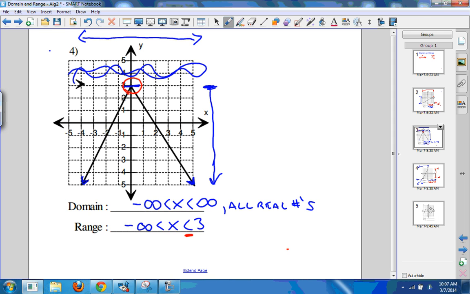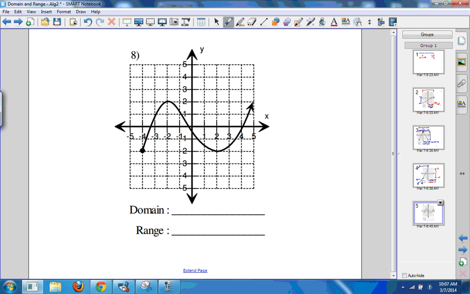Alright, last problem. So this is kind of a crazy looking graph. We start here, and we're going up, down, and then notice we have an arrowhead that way, which means it's just going to keep going on forever and forever that way, up and to the right. So my domain, if you want, you could pause it here, try it on your own, see if you get the same answer as me. Hopefully you do.